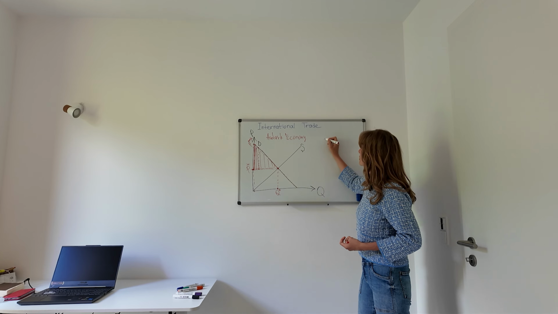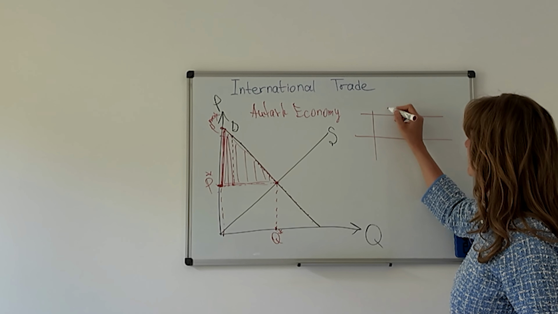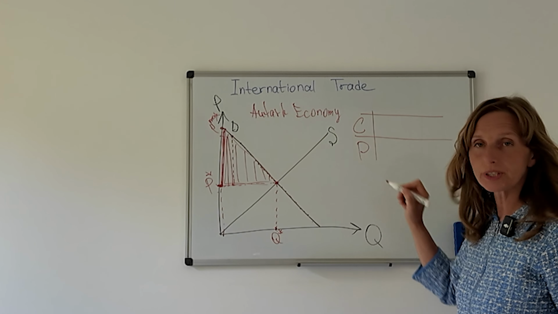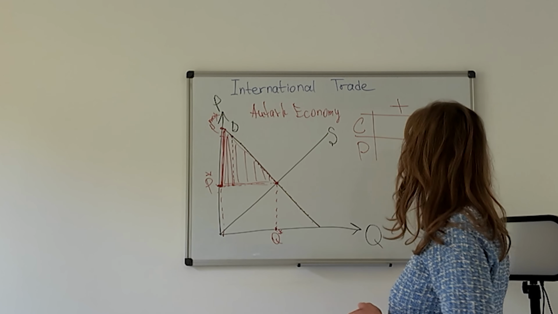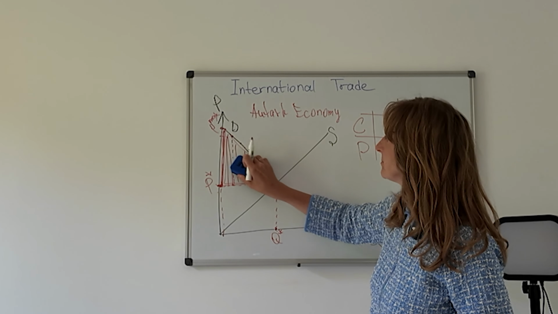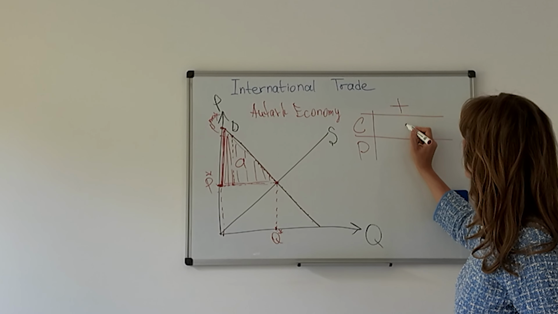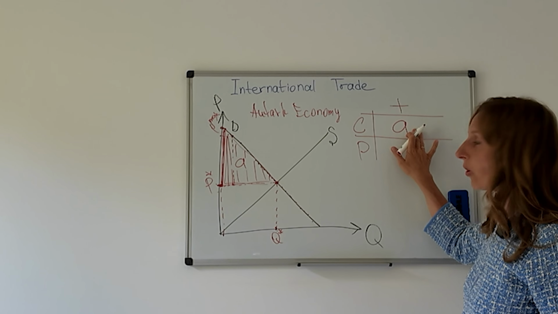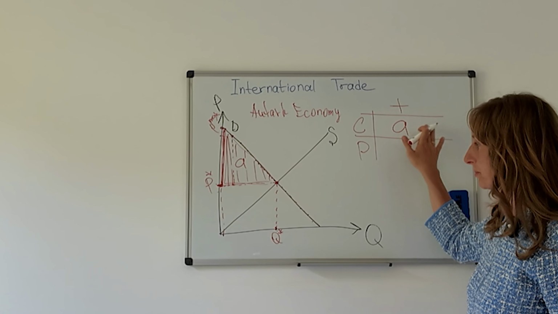That's shown in a small table where we say this is the consumer here, this is the producer here, and this is their surplus. If we call this area, let's say, with the letter A, then the letter A will be called the triangle of consumer surplus.